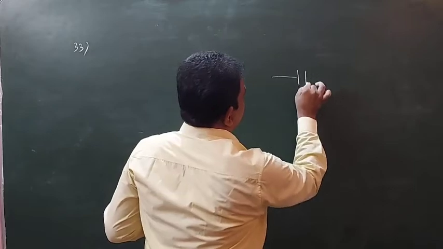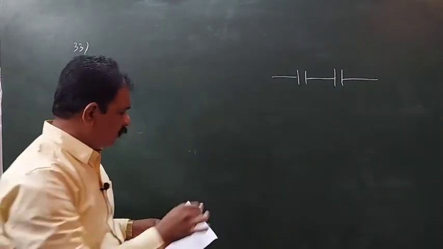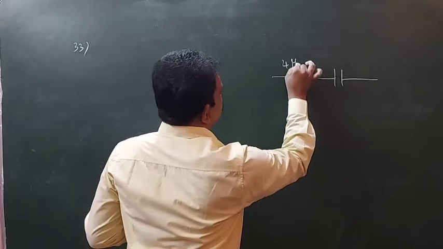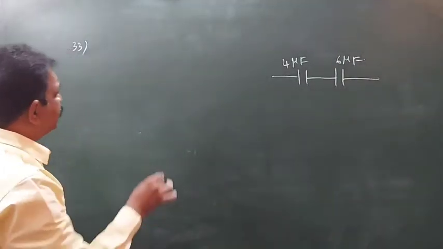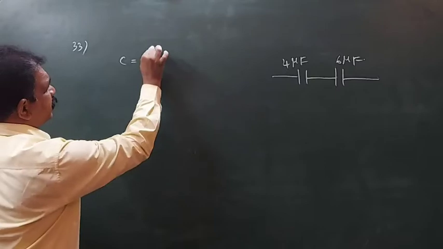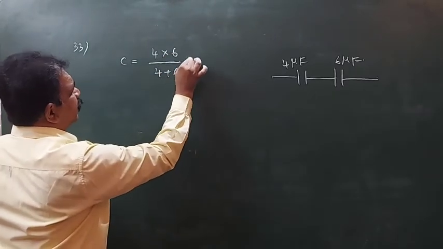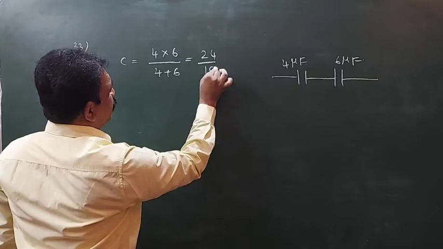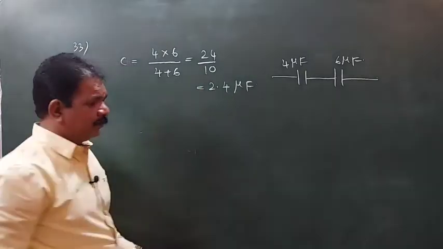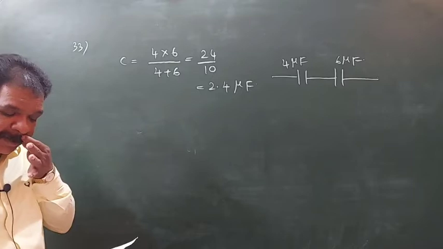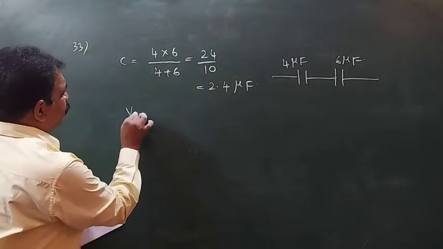Two capacitors are there. They are in series, 4 and 6. The effective capacitance will be C1 C2 by C1 plus C2, which is 24 by 10, 2.4 microfarad. Charge they are asking. Q is equal to CV, and the potential they gave is 500 volt.